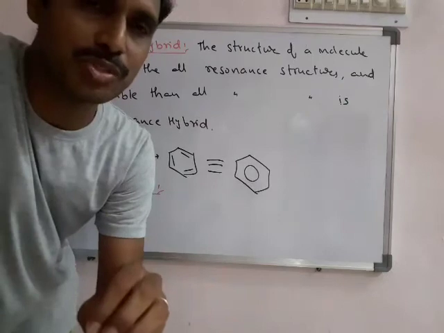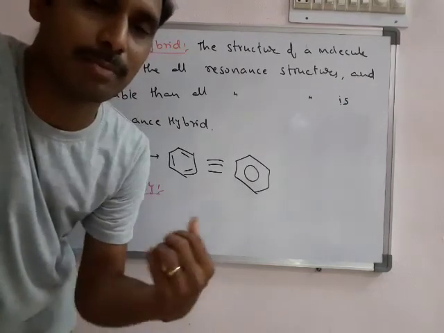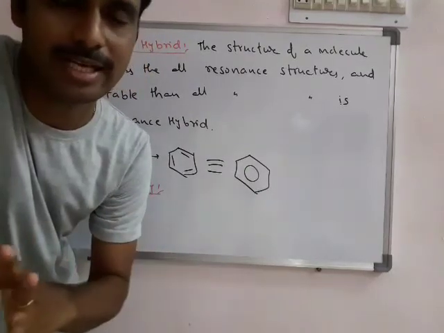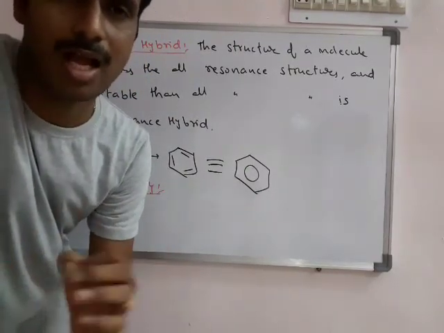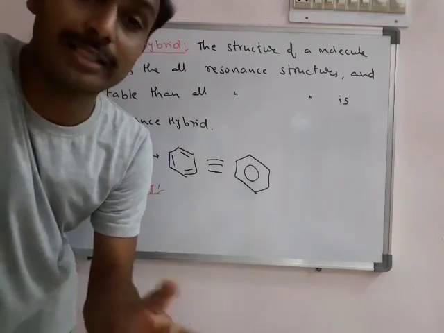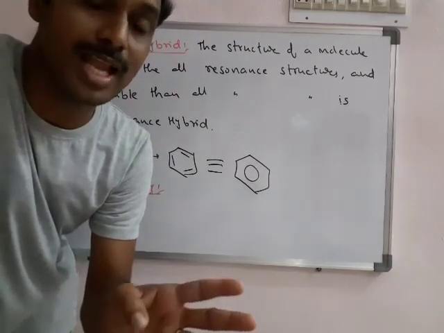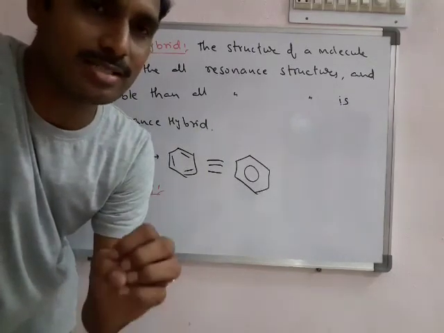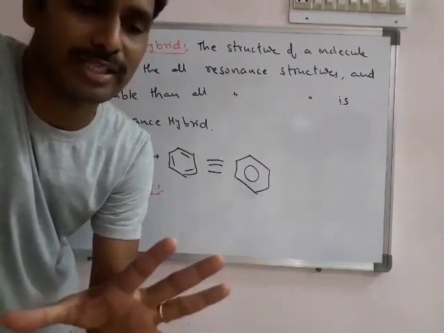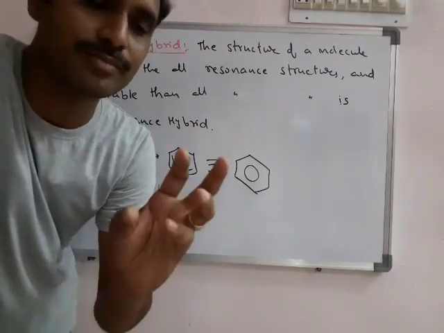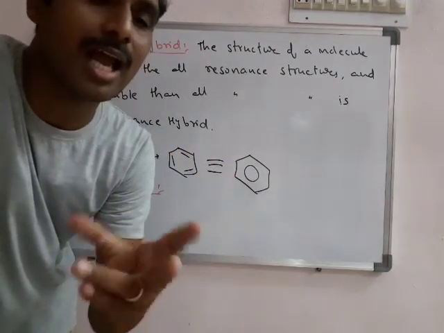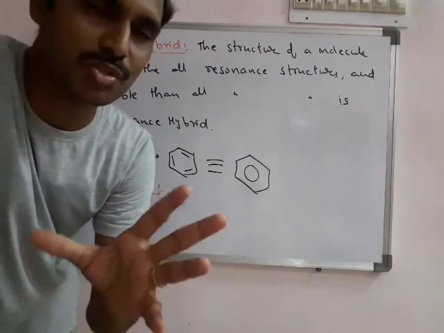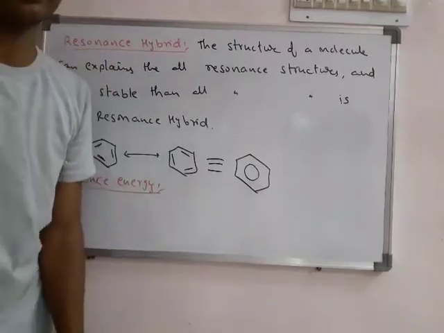Means the energy used by the pi bond electrons for making such structures is called resonance energy. And we can say the difference between the expected energy and the calculated energy is also called resonance energy. In normal terms, we can define that the difference between the calculated energy and the experimental energy is also called resonance energy.